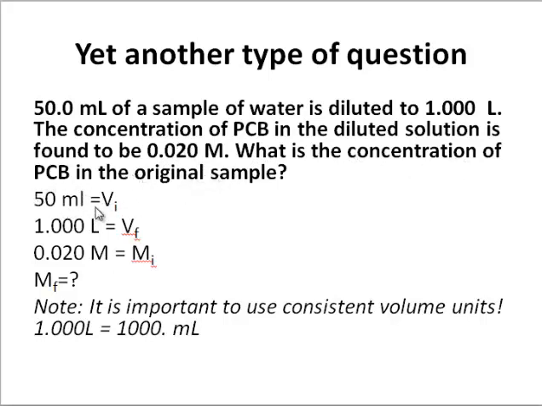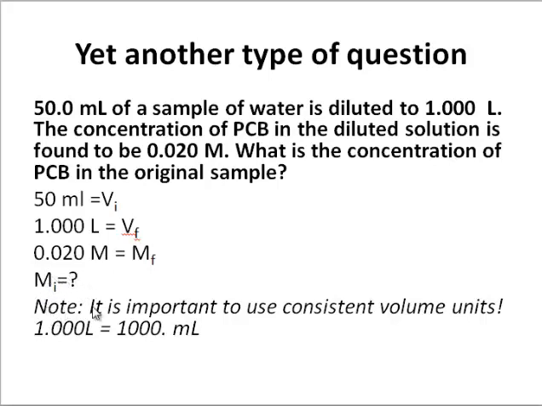Right. 50 milliliters is V sub I. 1 liter is the final volume of the solution after we dilute the sample, V sub F. 0.020 molar is the final molarity. Just note I just corrected a typo there. 0.02 molar is M sub F. Question asks for M sub I. What's the concentration in the original sample?